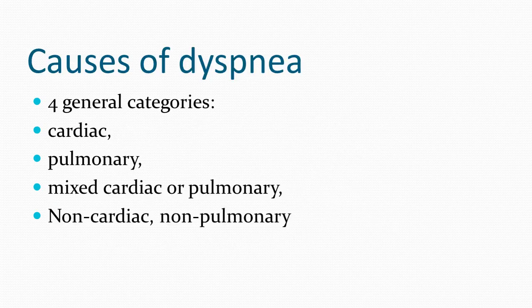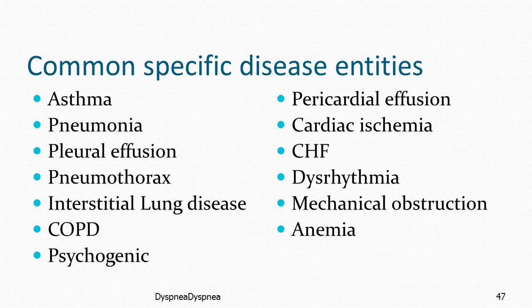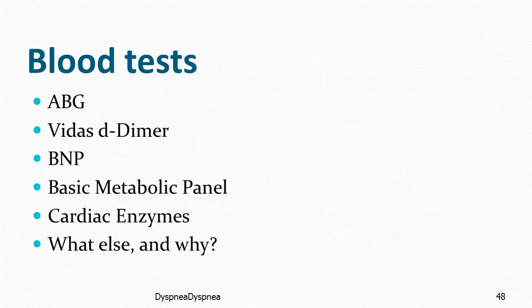Four general categories could be cardiac, pulmonary, mixed cardiac and pulmonary, and non-cardiac non-pulmonary. Common specific disease entities could be asthma, pneumonia, pleural effusions, pneumothorax, interstitial lung disease, COPD, psychogenic, pericardial effusion, cardiac ischemia, CHF, dysrhythmia, mechanical obstruction, and anemia.